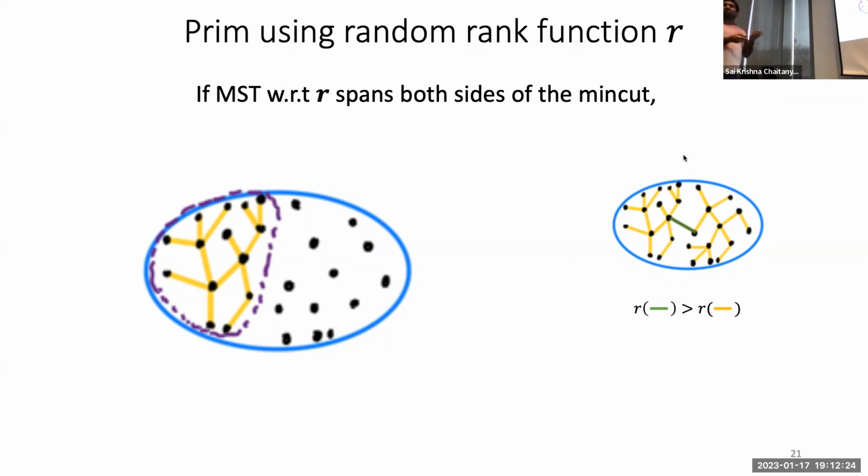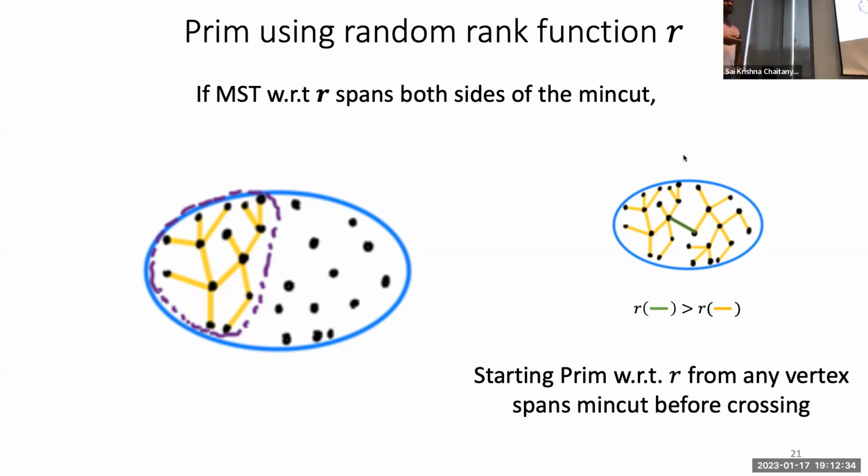So we actually find our minimum cut by applying Prim's algorithm, if we have a good rank function that spans both sides of the min cut. Starting Prim with respect to this rank function from any vertex spans one side of the min cut before crossing it. That is why we can find that particular cut size if we maintain it, and that is how we find the min cut.